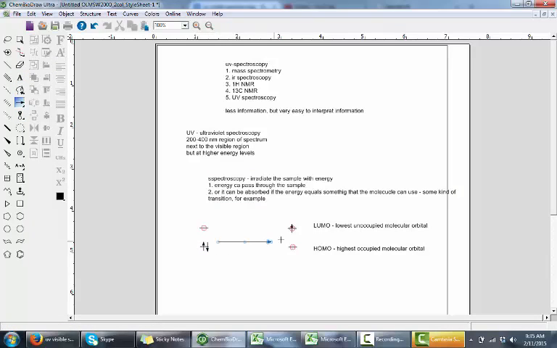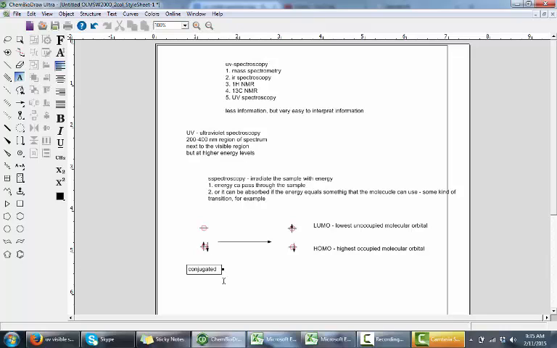We're starting in the highest occupied molecular orbital, so the highest energy orbital that has electrons in it, we have two electrons. I shine UV light on my molecule. What that does is it promotes one of these electrons from the HOMO up to the LUMO, the lowest unoccupied molecular orbital. And this is particularly the case for conjugated bonds or conjugated systems.